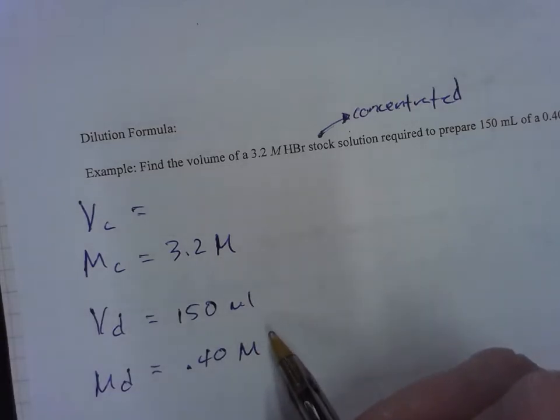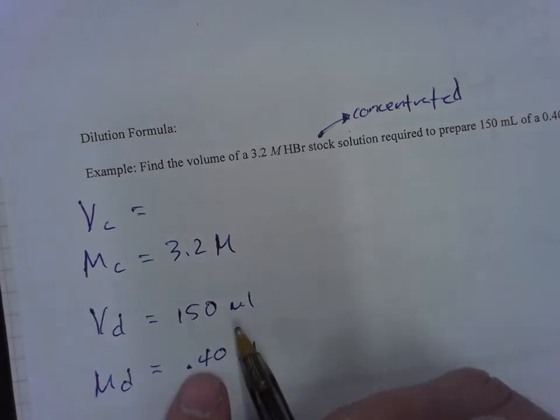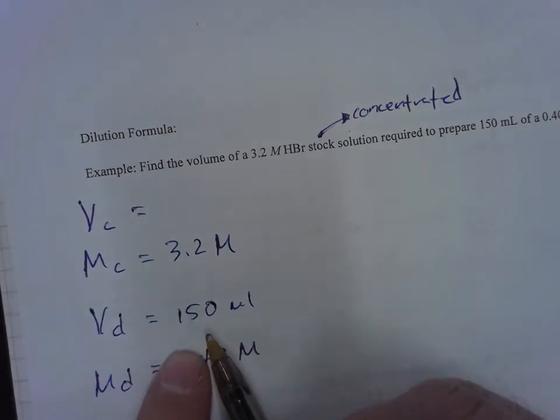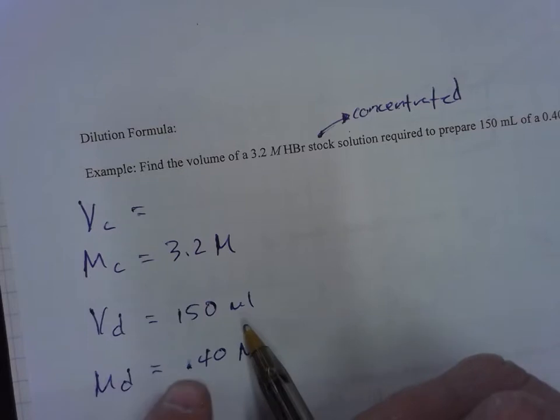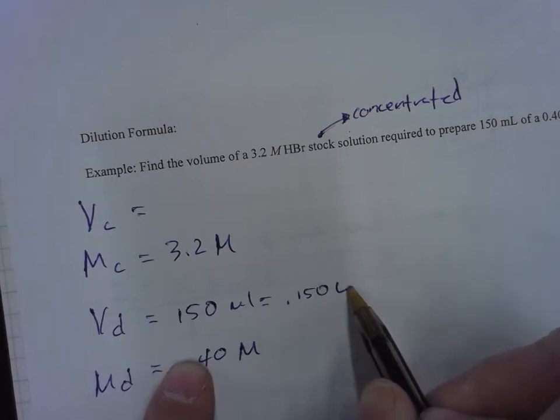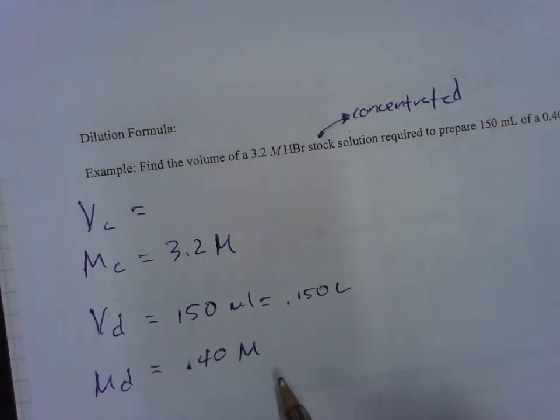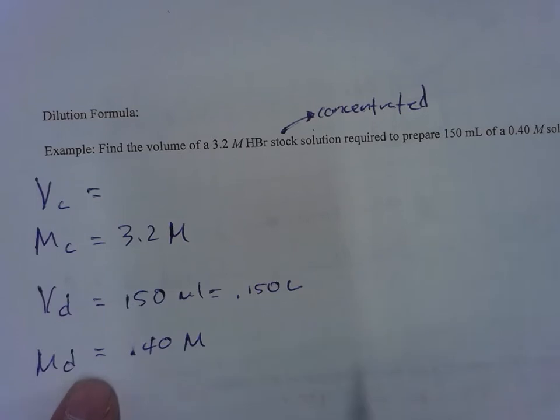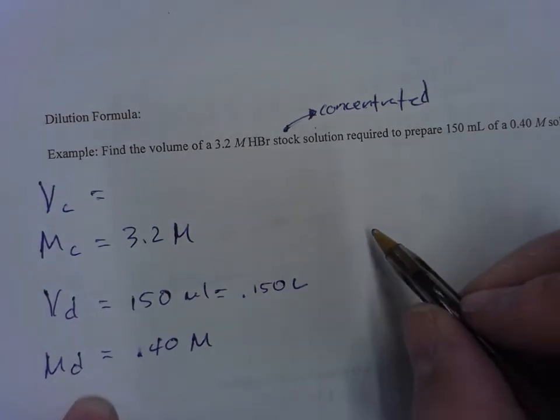Because molarity is written in moles per liter, we have to convert this mils to liters. So it's 0.150 liters. Volume always needs to be in liters, folks. So here's how you do this.